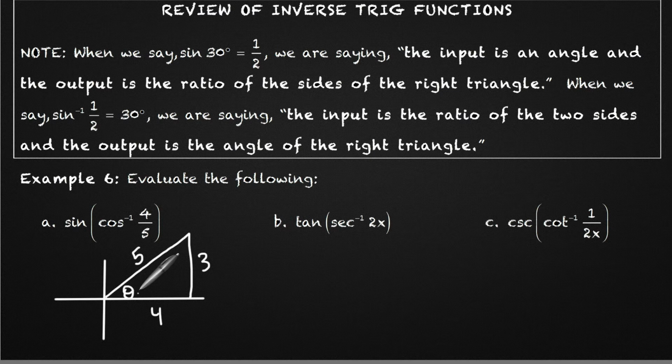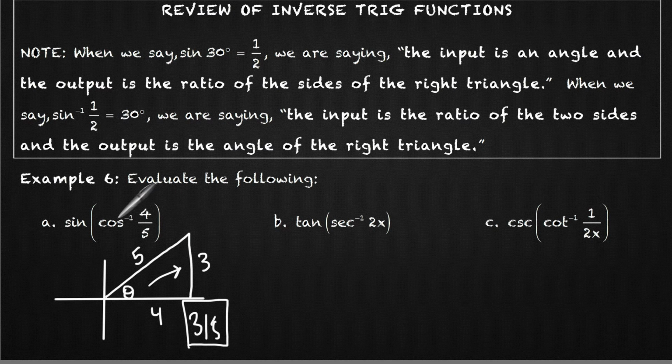So this is the theta. Anytime you do an inverse trig, you are looking for the angle. So this is the angle. Now, the sine of whatever this angle is, we don't know what it is numerically, but the sine of whatever this angle is going to have a ratio of opposite over hypotenuse. So 3/5.